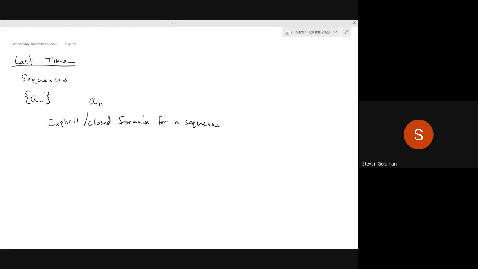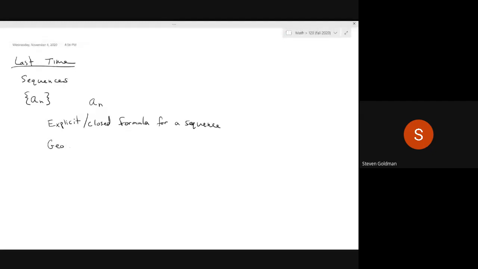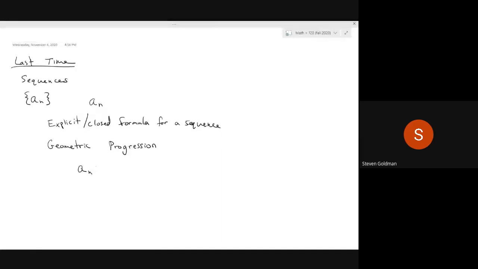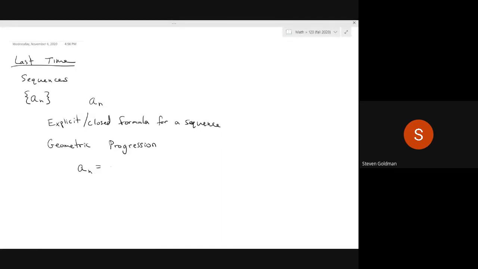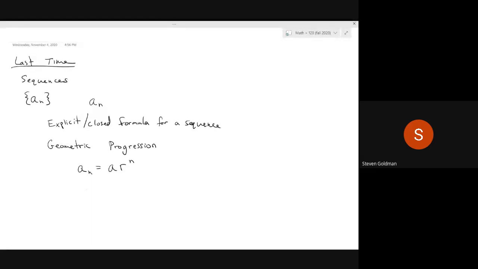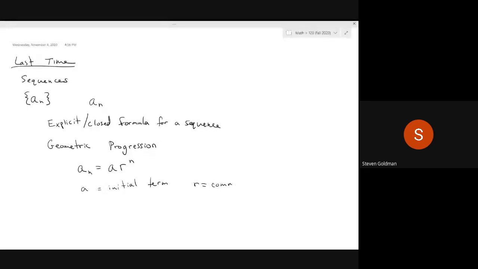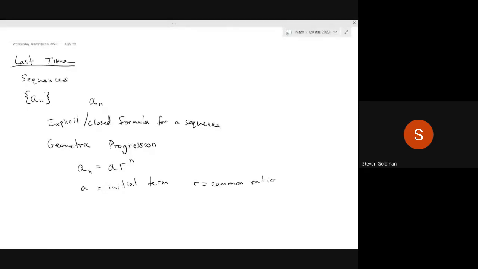We also discussed geometric progressions. That was a special type of sequence where each term A sub n is equal to A times R to the n, where A was the initial term, R was the common ratio, and n was greater than or equal to 0.